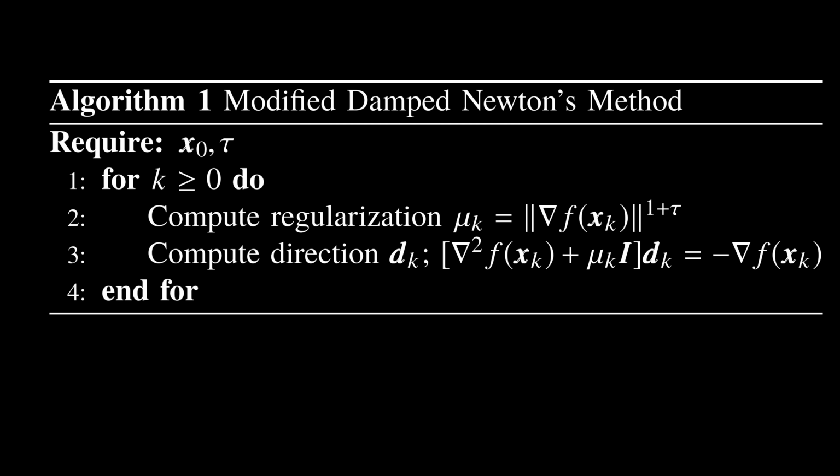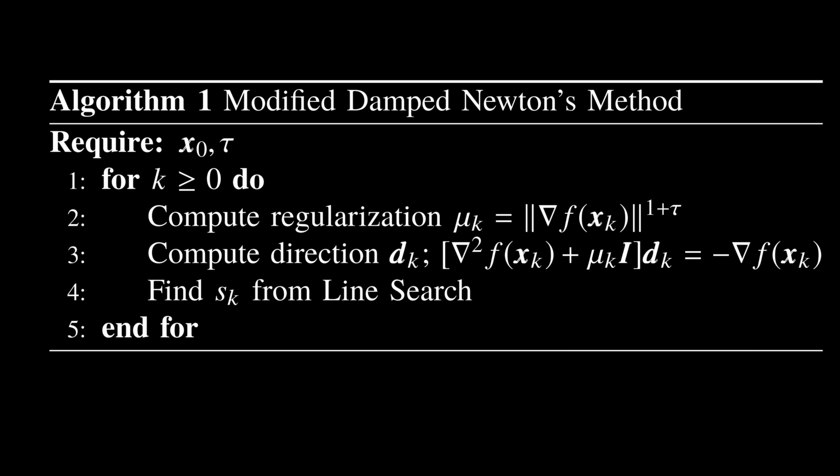Note that at the minimum, that is when the gradient vanishes, the regularization parameter, μk, is 0, which coincides with the damped Newton method. The modified damped Newton's method, like damped Newton, damps the derivative by a damping factor sk, with sk being between 0 and 1.